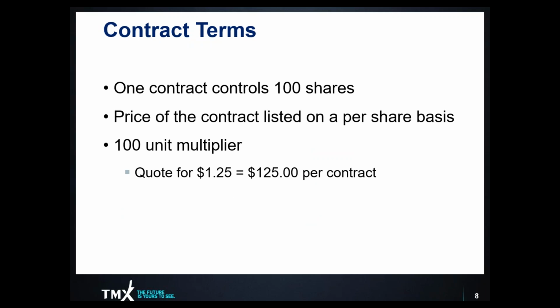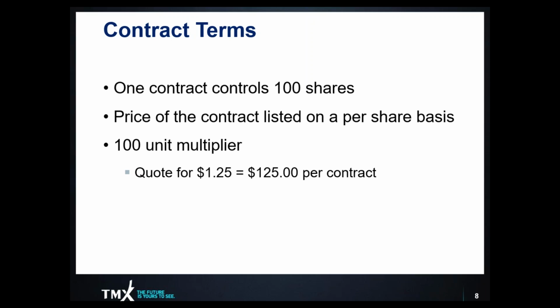So when we look at the contract terms, just as a quick review, remember that one contract controls 100 shares of the underlying security. Each price of the contract is listed in a per share format, which means that we need to multiply the premium in order to come up with the actual cost of that contract. So there is a 100 unit multiplier.